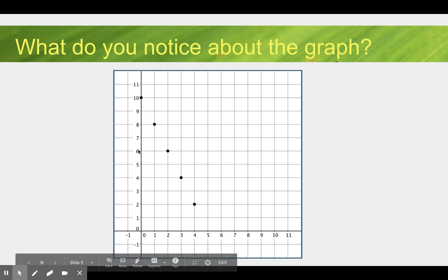If I'm reading this from left to right, the line is going down or it's decreasing. And every time the x-coordinate goes up 1, the y-coordinate goes down 2.